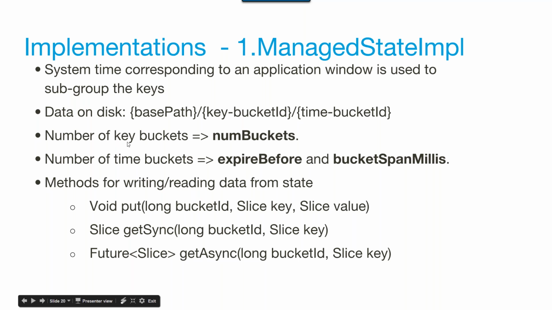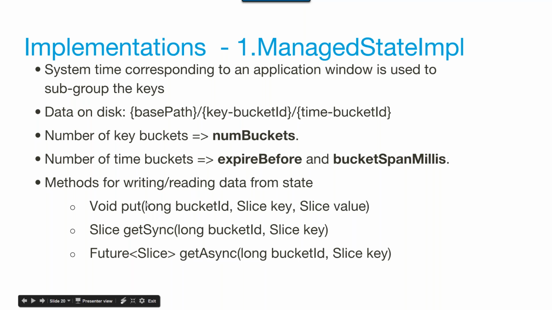The number of key buckets is calculated from the number of buckets parameter. And the number of time buckets is calculated from the expiry before and bucket span milliseconds, which we have seen in the previous slide. These are the methods for writing or reading the data from this state.